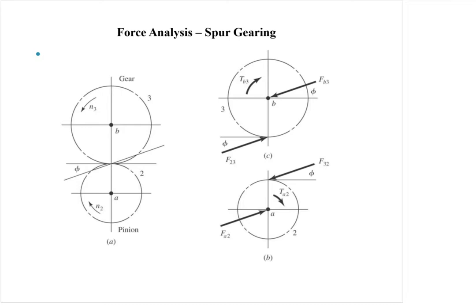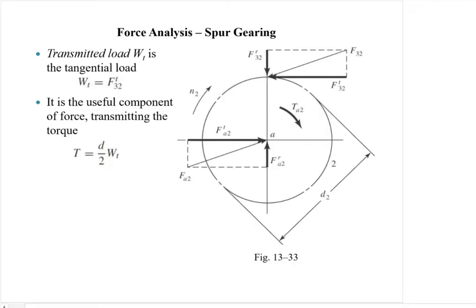Here we have the load at the pitch circle, which is not entirely tangential, but keep in mind that only the tangential component is going to give you any torque. The rest is just loading up the bearings. So here they have that laid out.